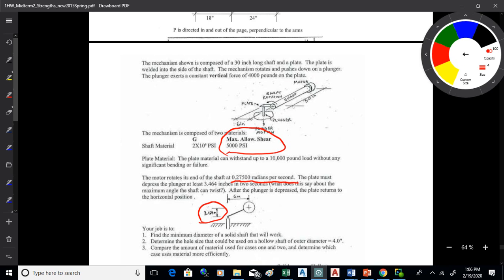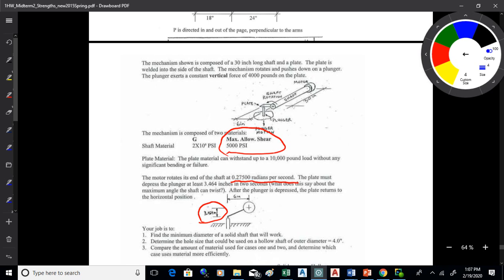That plunger has to move down 3.464 inches in 2 seconds. Okay. So that's the criteria basically, 5,000 psi, and it has to push that plunger down 3.464 inches in 2 seconds.